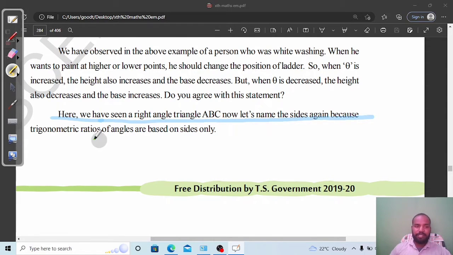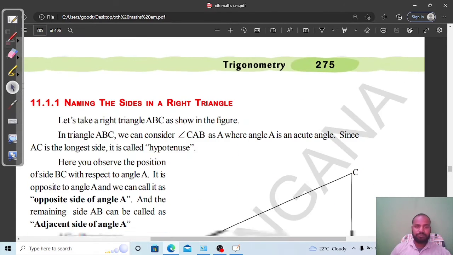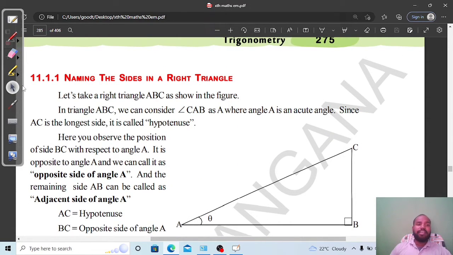All the trigonometric ratios depend upon the sides only. Trigonometric ratios all depend upon the sides. So next, naming the sides of a right angle triangle. It is very important how we name the triangle.